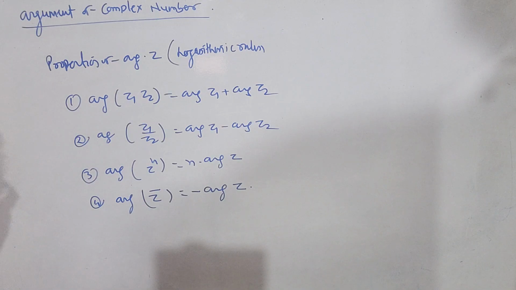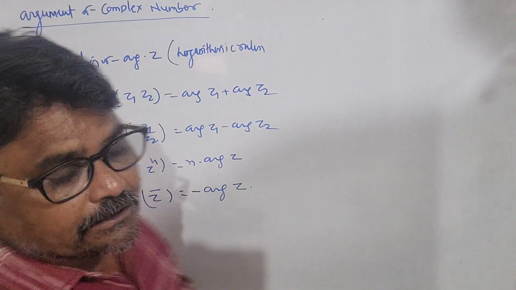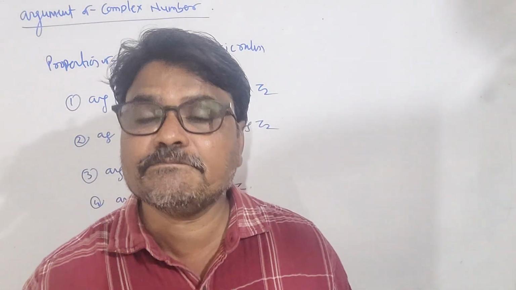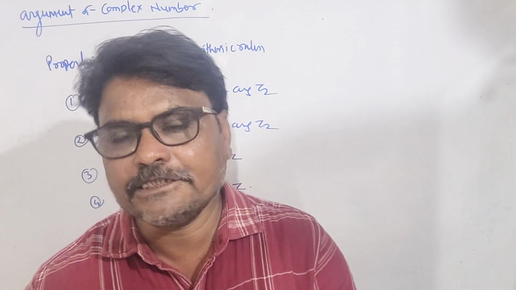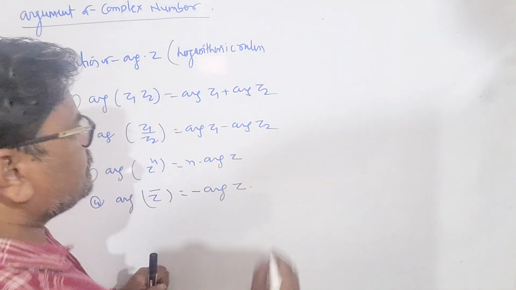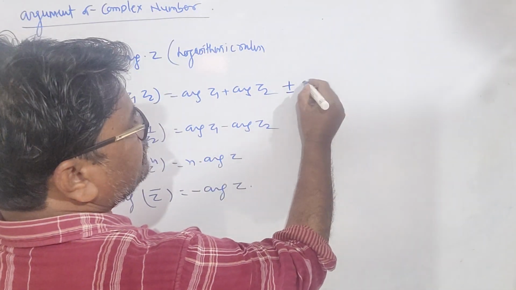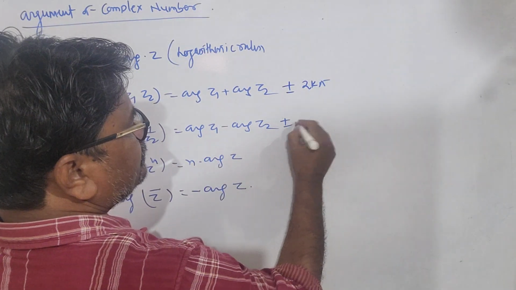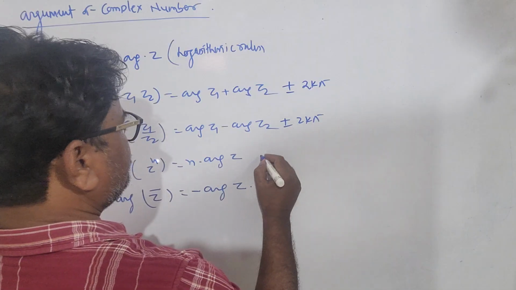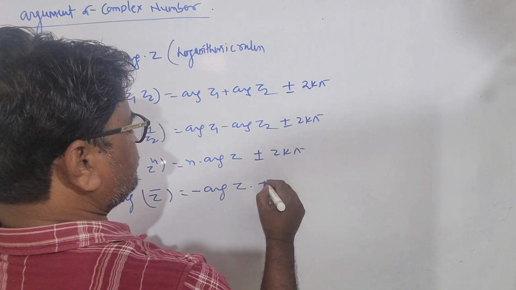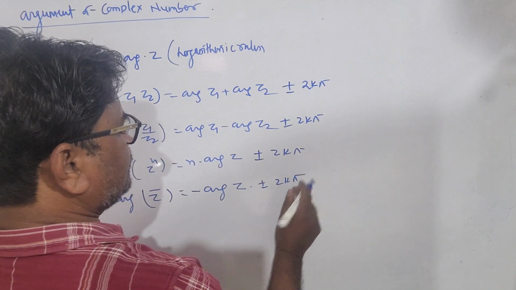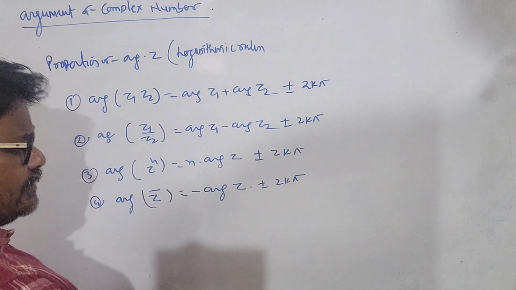So similarly for the argument properties, but the principal argument of any complex number lies between minus pi to pi, including pi. So therefore here we will have plus minus 2k pi. What does it mean?